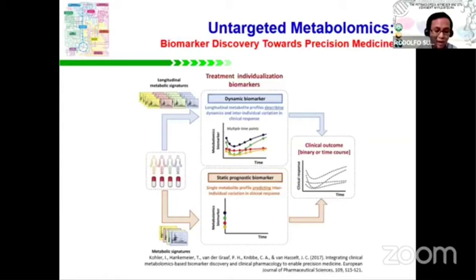It is because you need to validate metabolic markers in a large population before you can actually apply it in the clinical setting. But that is highly possible in metabolomics work, but it's going to be really ambitious.